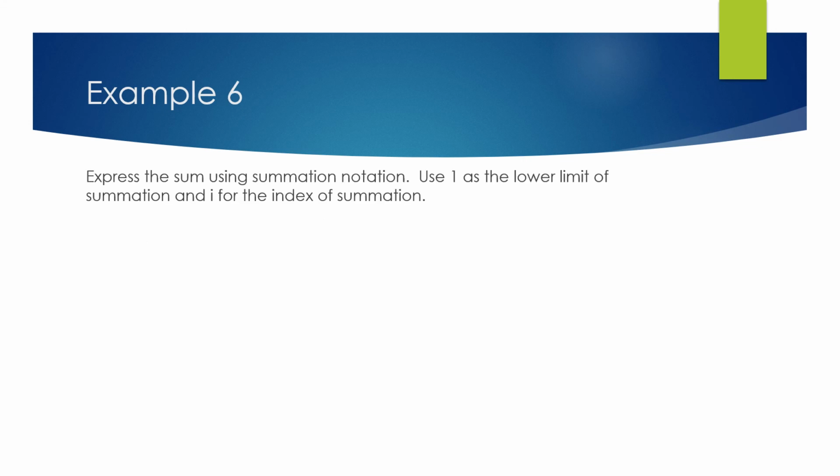Example 6. Express the sum using summation notation. Use 1 as the lower limit of summation and i for the index of summation. Here we have 1/3 plus 1/2 plus 3/5 plus on and on and on until we get to plus 6/7. So here we need to find the pattern.